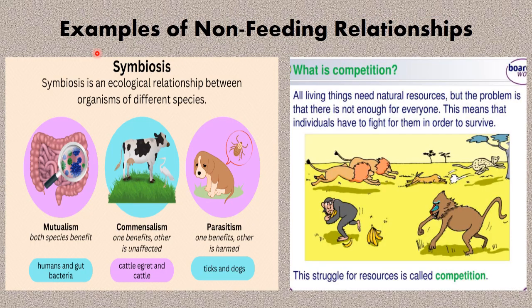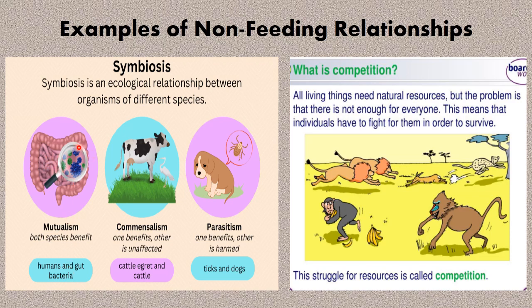Now let's look at examples of non-feeding relationships. I told you before that symbiosis is a kind of relationship between two different species of organism. An example of mutualism here is the bacteria which live in the gut of human beings.